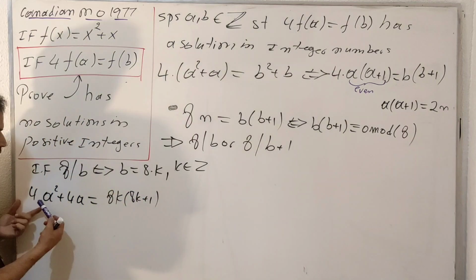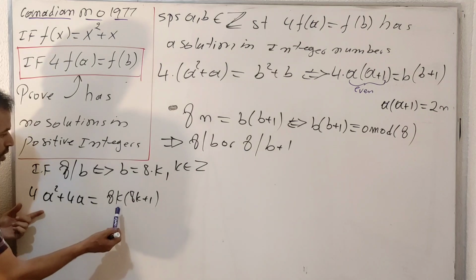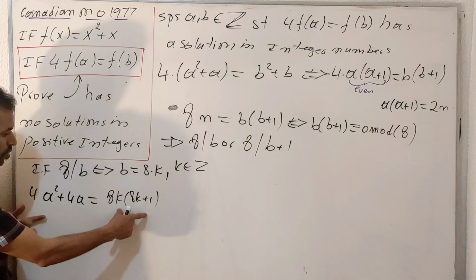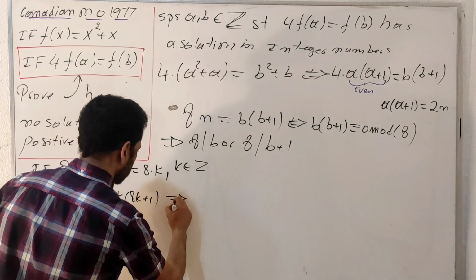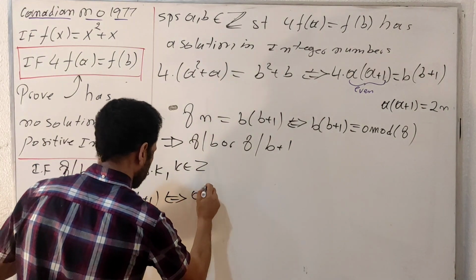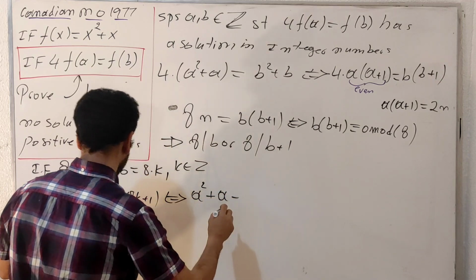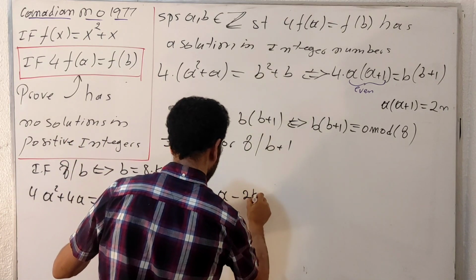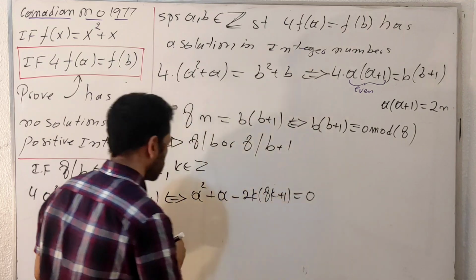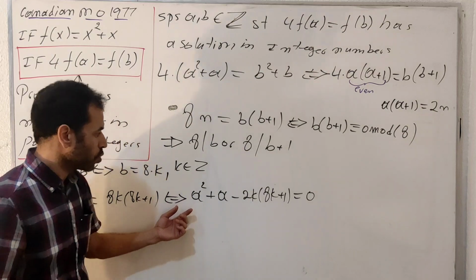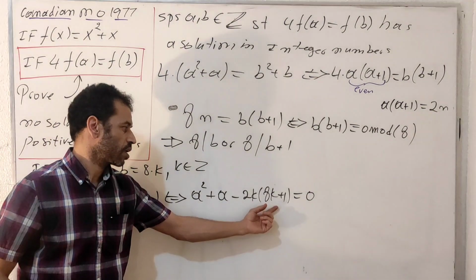I'm simply going to divide both sides of this equation by 4, and at the same time move this term to the left hand side. So this is equivalent to a squared plus a minus 2k times (8k plus 1) equals 0. I'm going to solve this equation for a, considering k as a constant.